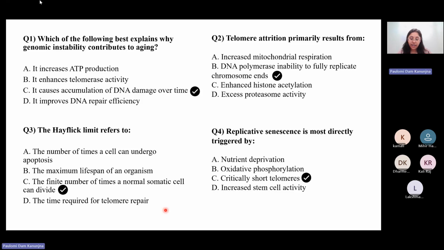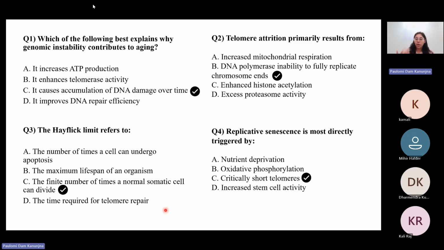Right. So it is basically referring to the fact that a particular cell can only divide up to a certain number of times. And that's mostly 40 to 60. Why? Because after that, it is unable to properly replicate and use up the nutrients around it, right? So when the cell does not do that, that's when a cell is problematic, right?